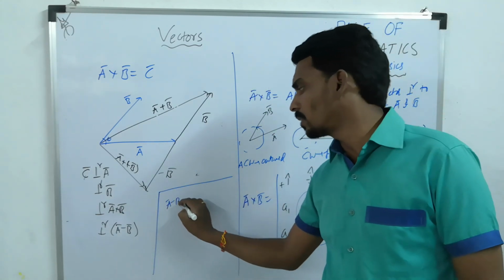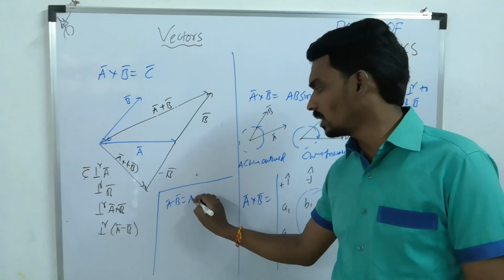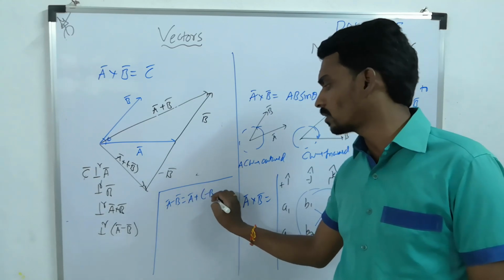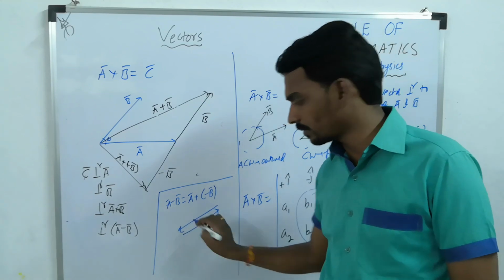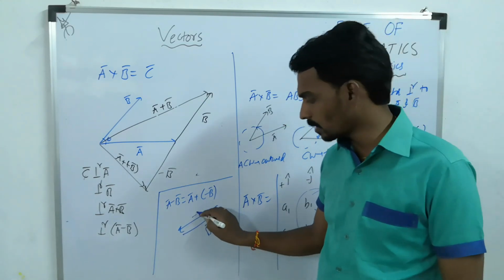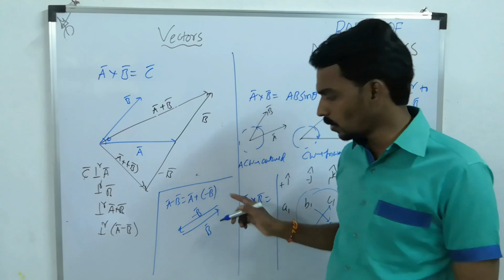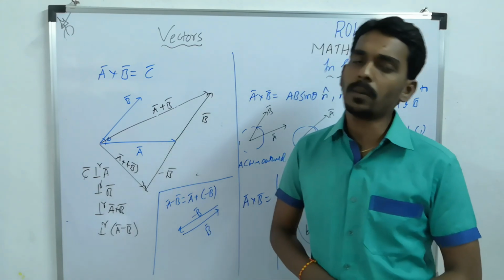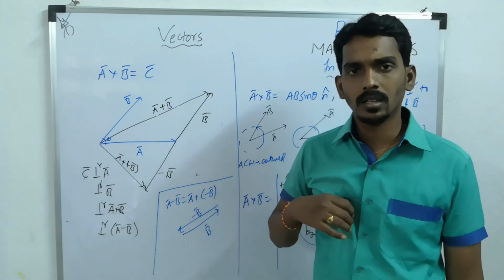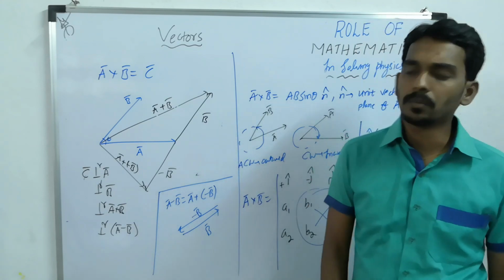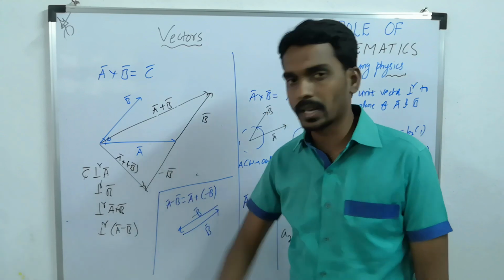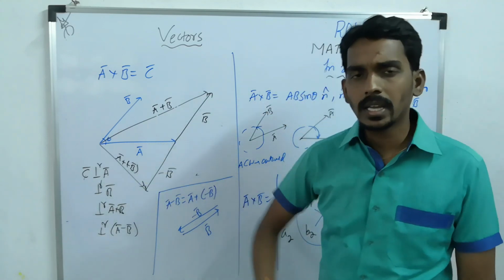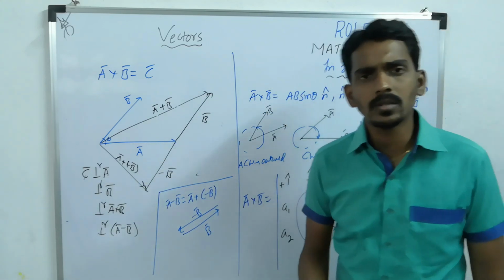When you want to find A bar minus B bar, you just add A bar with minus B bar. Suppose this is B bar, then this is minus B bar. Then you add this minus B bar to A bar, same like this, and you will get A bar minus B bar. So I am adding A bar with minus B bar, that is nothing but A bar minus B bar.